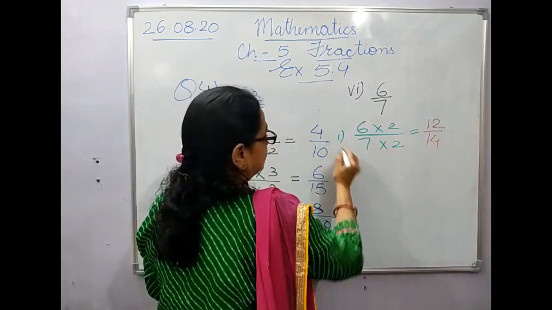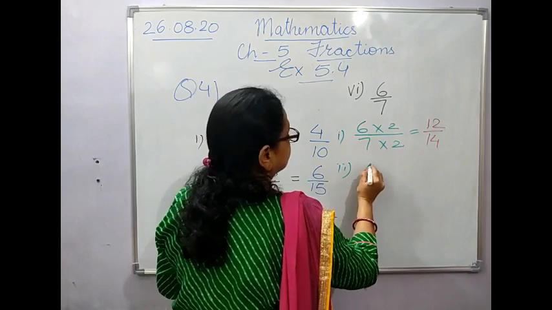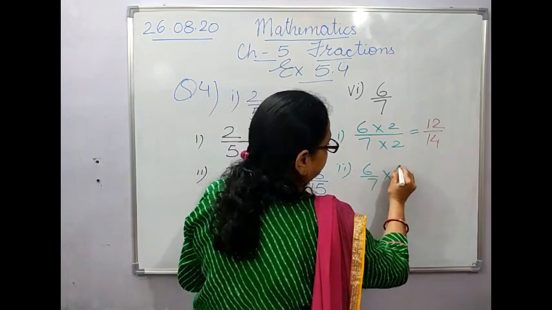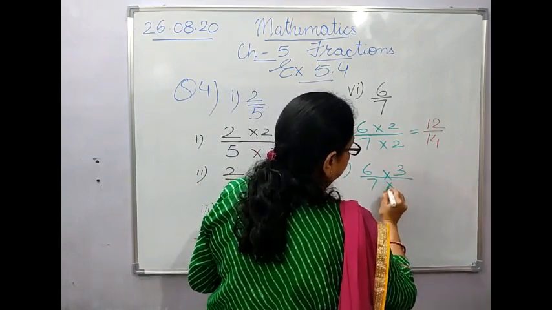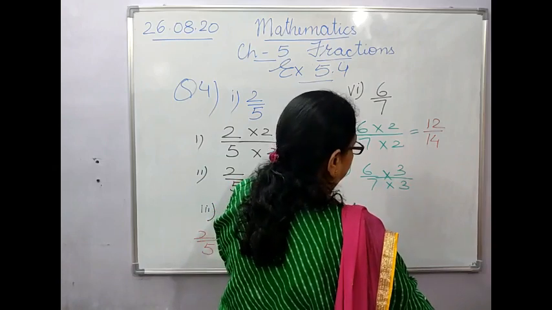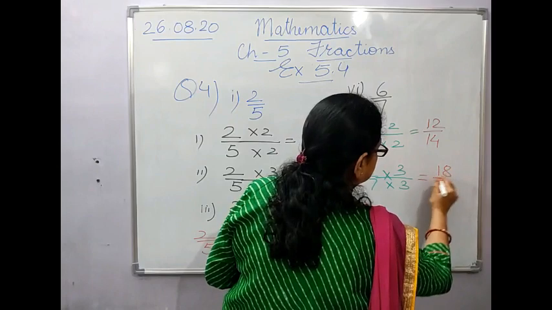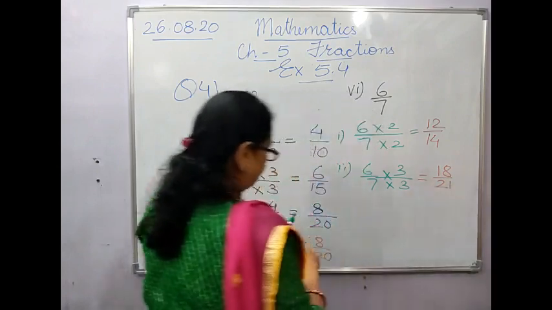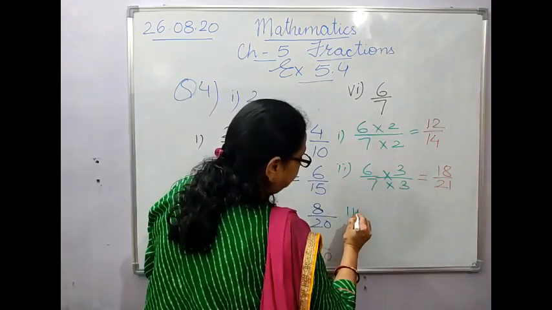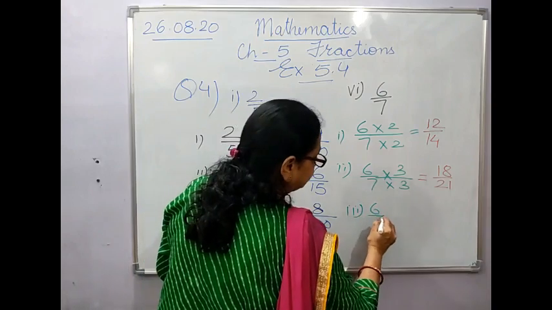This was your first one. Second, 6 upon 7, multiplied by 3. 6 3s are 18 and 7 3s are 21. And the last one, third one, for the same fraction.